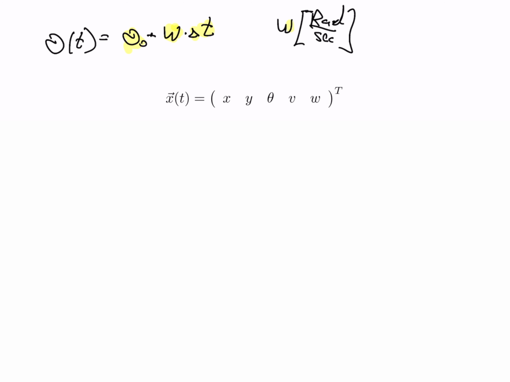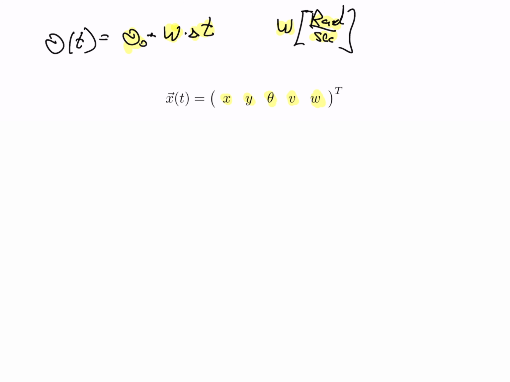And omega can be expressed in radians per second. So our state vector becomes a little bit more sophisticated. We have x, y, theta, v, exactly like before, but now we add the omega, the turn rate. And again, the CTRV model means constant turn rate.